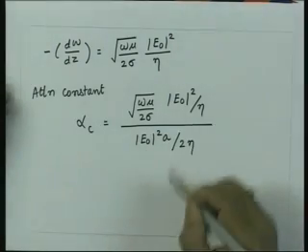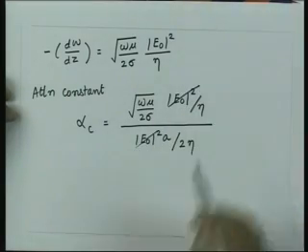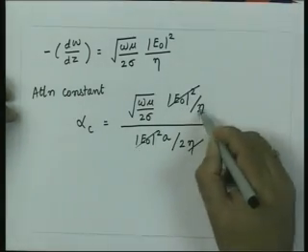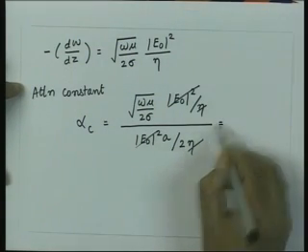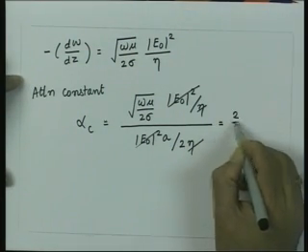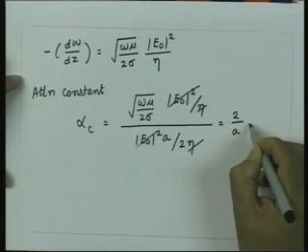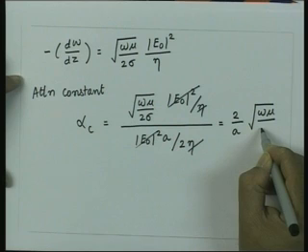The E0 squared will cancel, eta will cancel. So, you will get this is equal to 2 upon a, square root of omega mu upon 2 sigma.